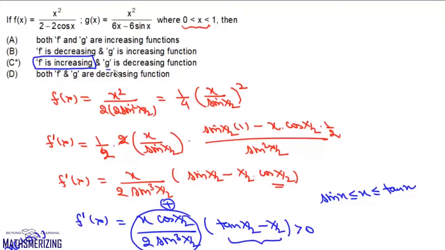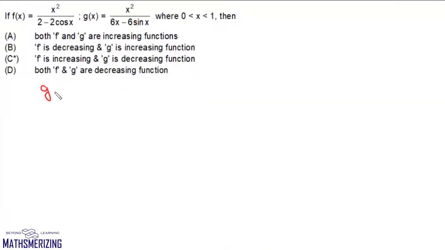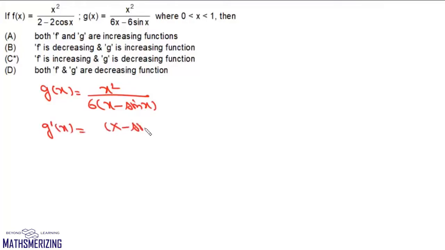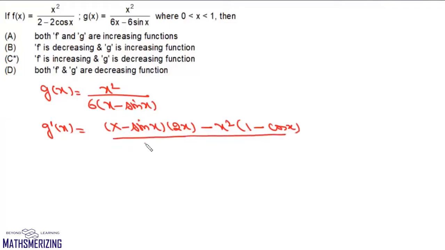Now we need to prove that this g(x) is a decreasing function. Now we are given this g(x) as x squared upon 6 into x minus sin x. If we differentiate this function, we can write g dash x as x minus sin x into 2x minus x squared into 1 minus cos x, upon 6 into x minus sin x whole squared.